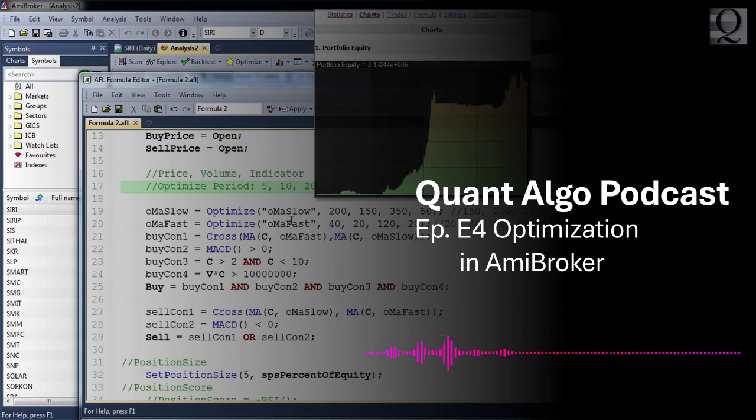Exactly. So in a simple in-sample, out-of-sample setup, you might split that data into, say, 7 years for in-sample optimization and 3 years for out-of-sample testing. So AmiBroker would use those first 7 years to find the quote-unquote best settings for my strategy. Right. And then I'd test those settings on the remaining 3 years of data to see how it holds up.